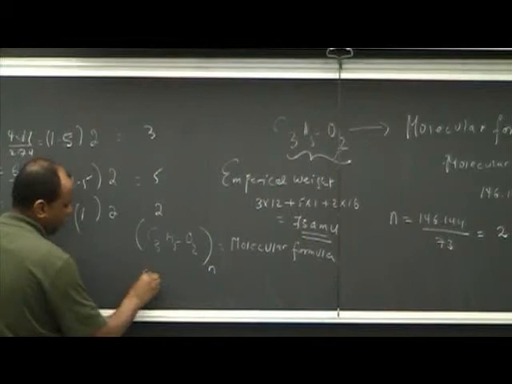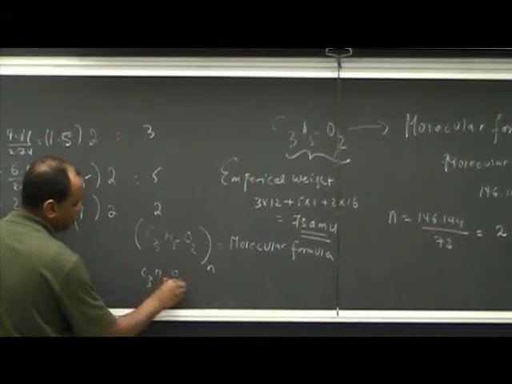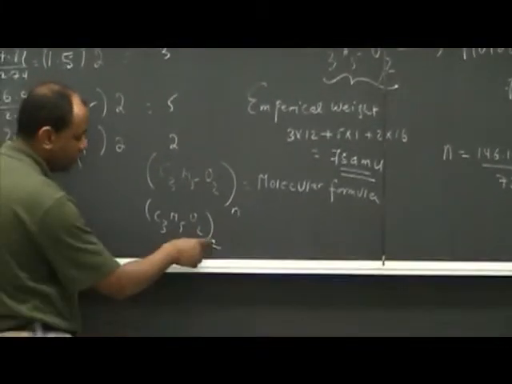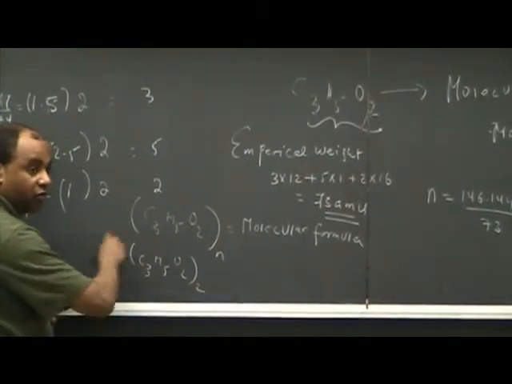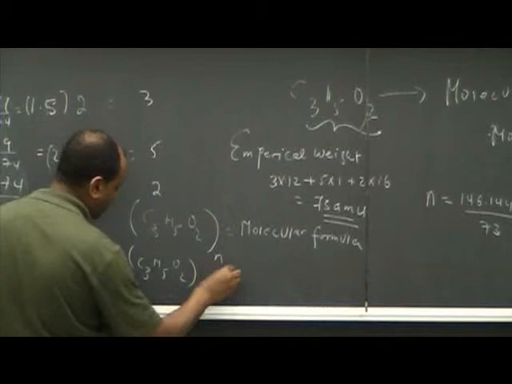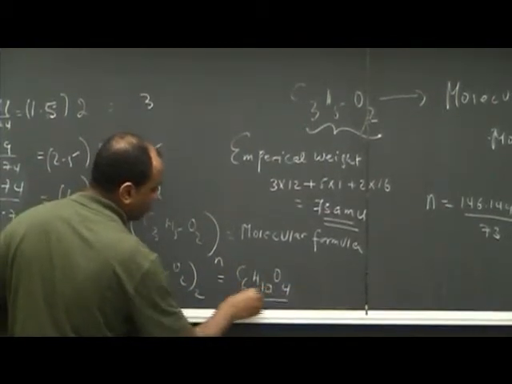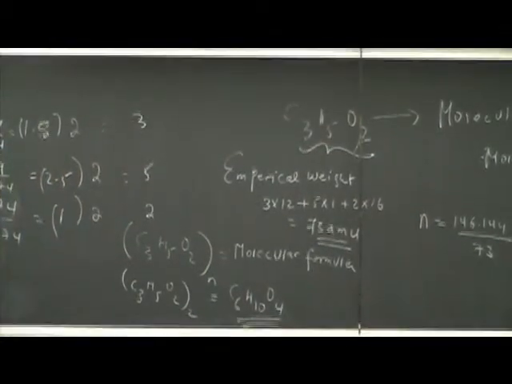So for C3H5O2, what is our N? 2. So you multiply the whole empirical formula by 2, and you end up with C6H10O4. This is the molecular formula.